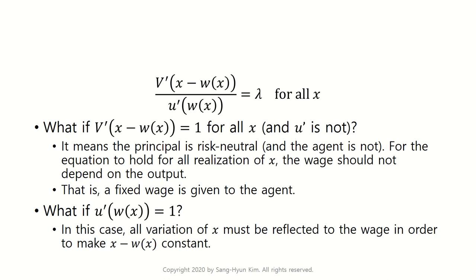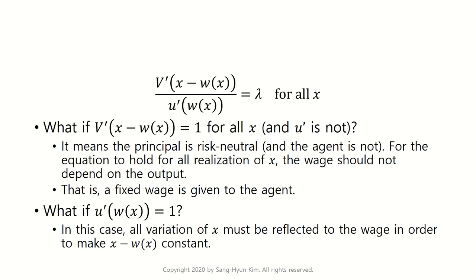So this is the optimal risk sharing rule, and let's try to understand this equation in more detail by considering these examples. Let's consider the first case. What if phi prime equals 1 for all x and u prime is not?